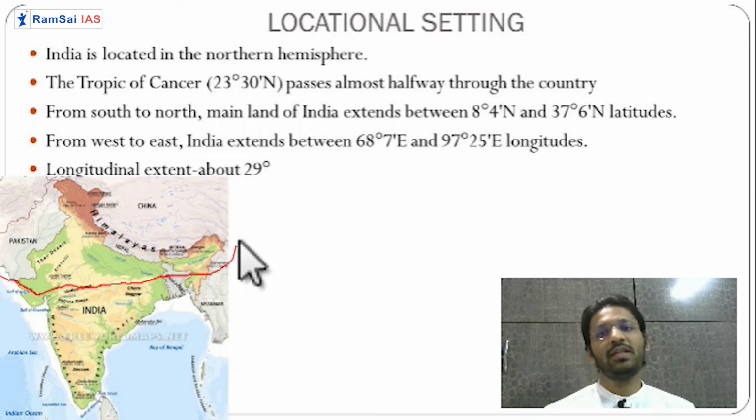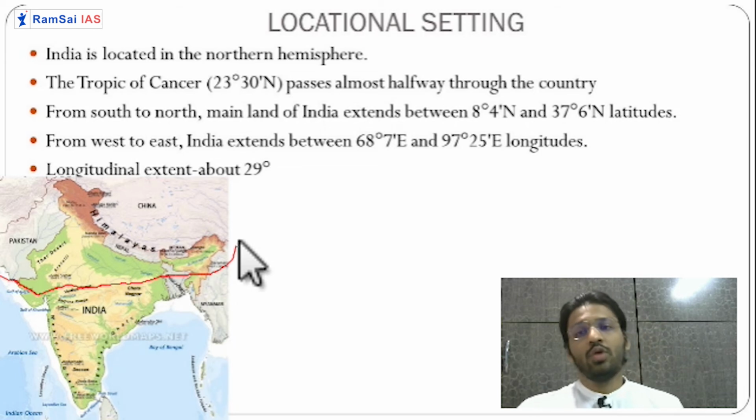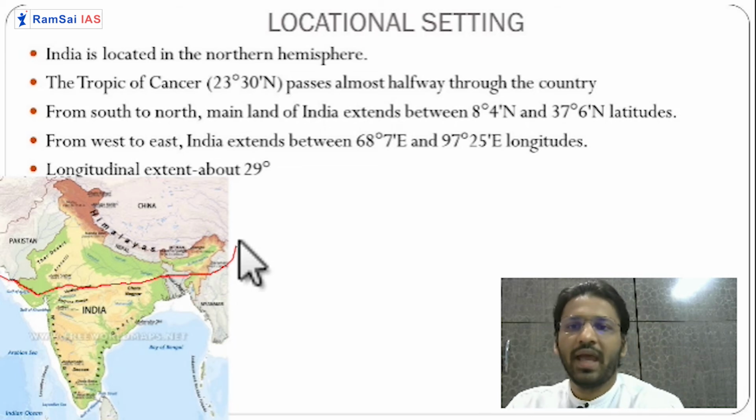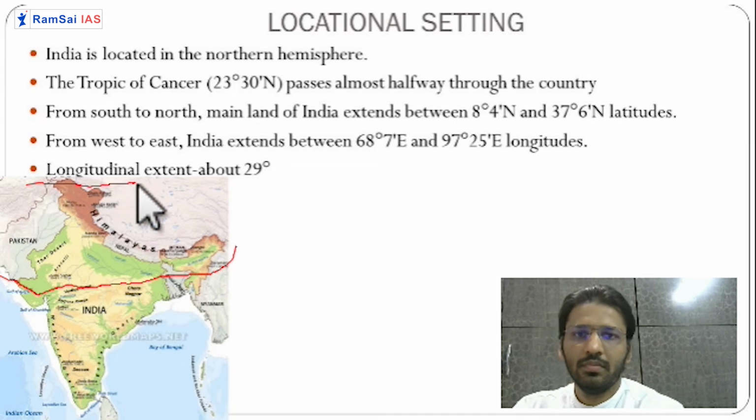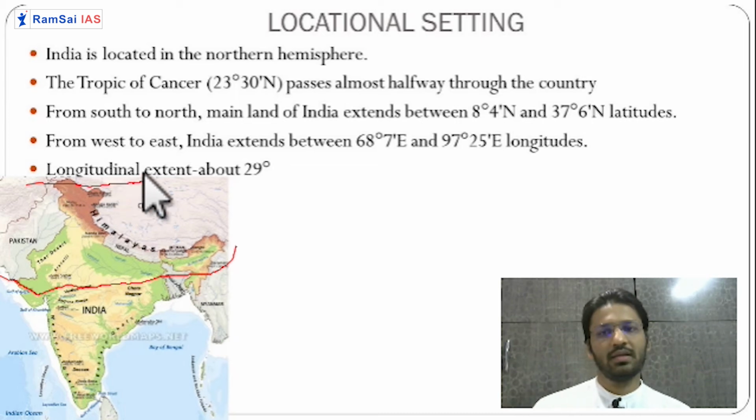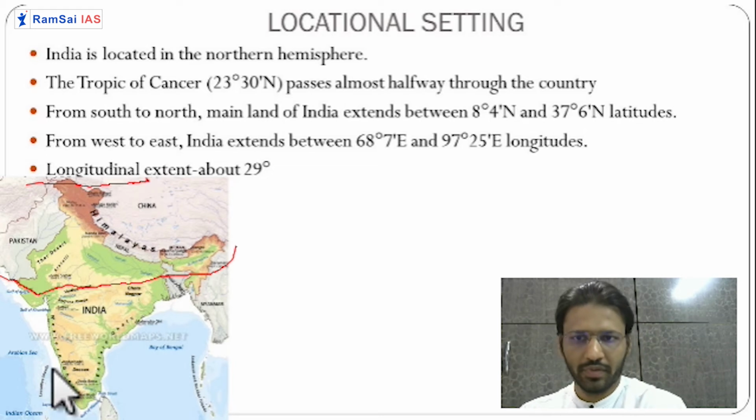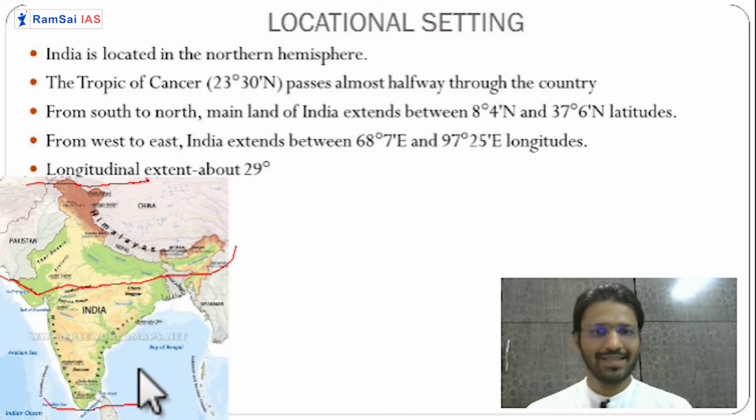The Tropic of Cancer, at 23.30 degrees north, passes through India. Northern latitude, if we see, we have 8 degrees 4 minutes, and southern latitude we have 37 degrees 6 minutes in the south near Cape Comorin, or Kanyakumari as it is known.